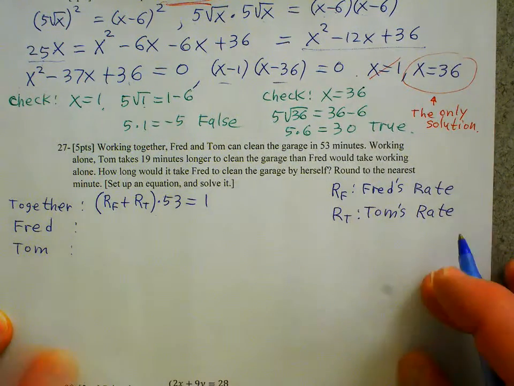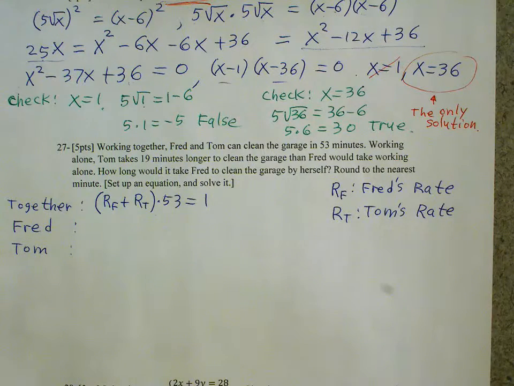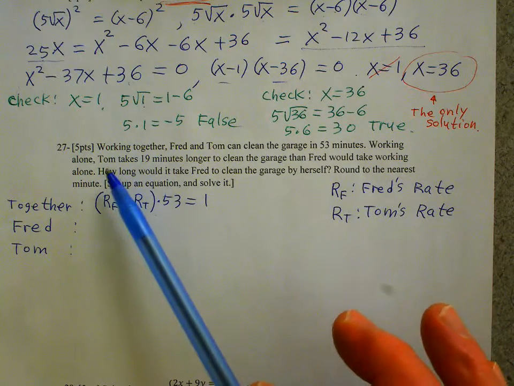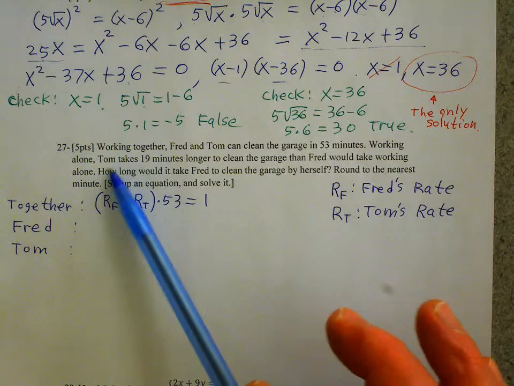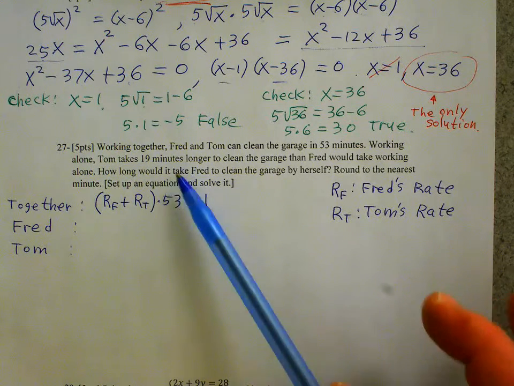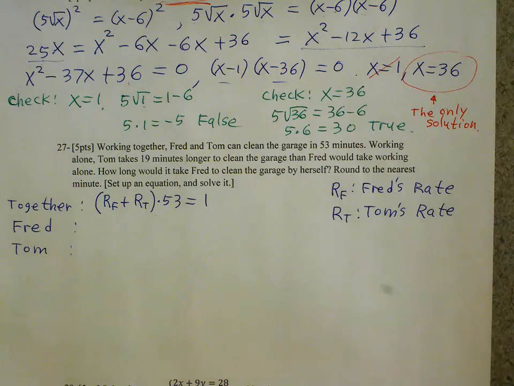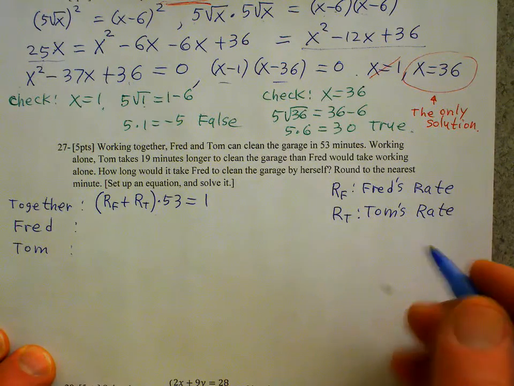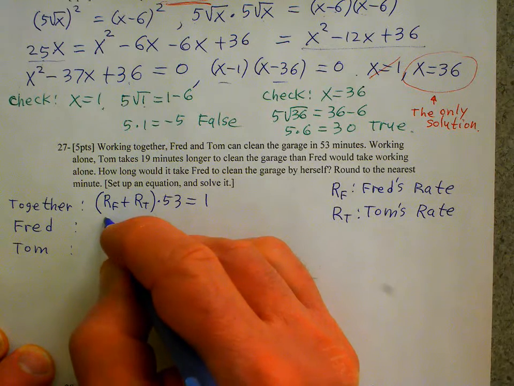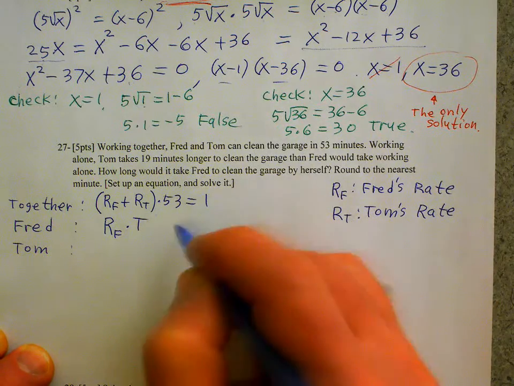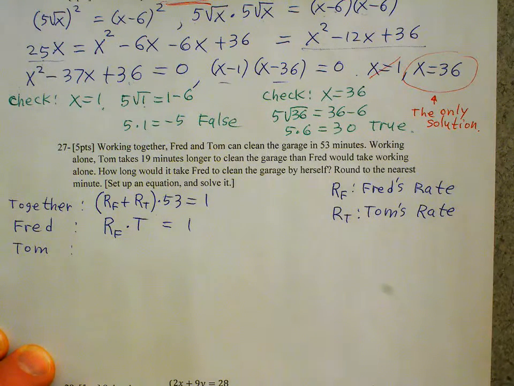Okay, then we want to write rate times time equals 1 equations for Fred and Tom. So in the second sentence, it says working alone, Tom takes 19 minutes longer to clean the garage than Fred would take working alone. So I'm going to pick, this is not the only way to do it, but I'm going to pick T to represent the amount of time it takes Fred to clean the garage.